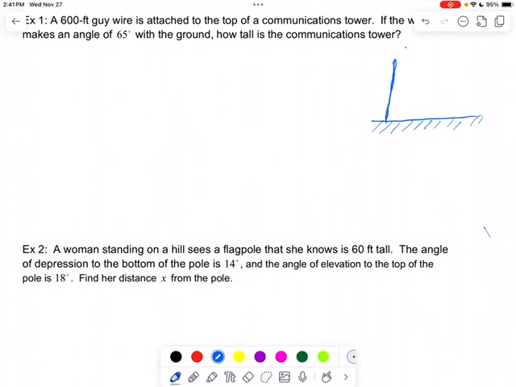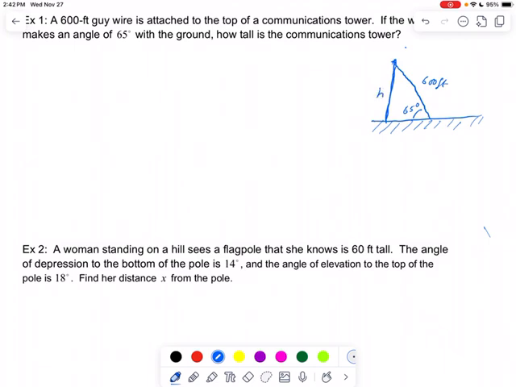So let this be the tower, and from the top of the tower to the ground we have a guy wire going. Why do we put guy wires? Those are for making the tower stable. So this angle the guy wire is making with the ground is 65 degrees, and the guy wire itself is 600 feet long. So we have to find the height of the tower.